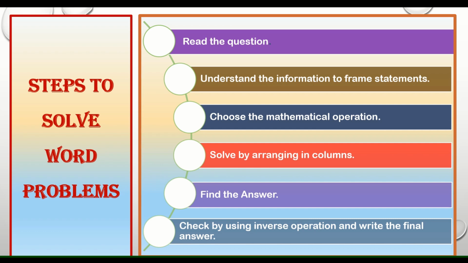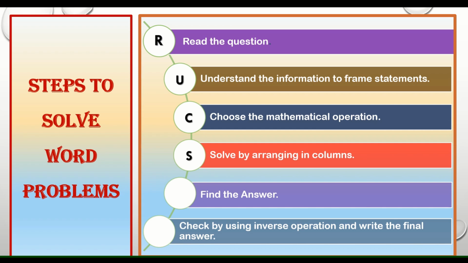So we can't remember so many statements. So in short, we can say reading is important for the first step. So R stands for reading. Then understanding the information is important. So U for understanding. Then the third step, choose the mathematical operation. So C to choose. And then arrange the numbers to solve.